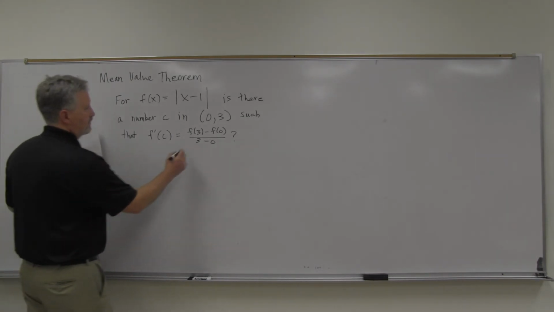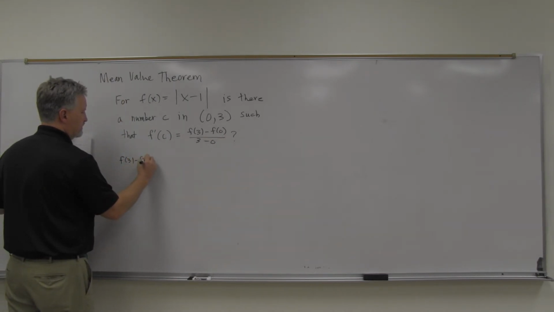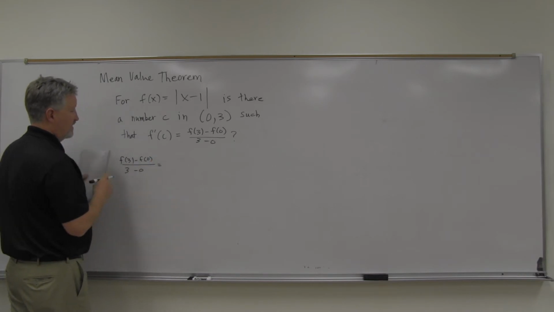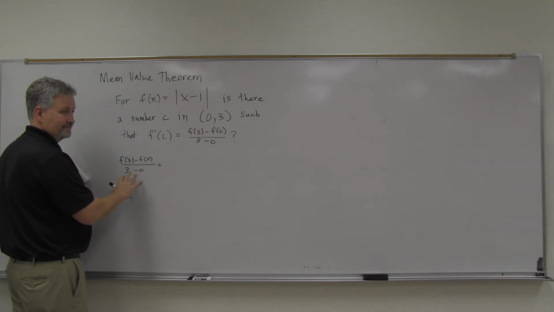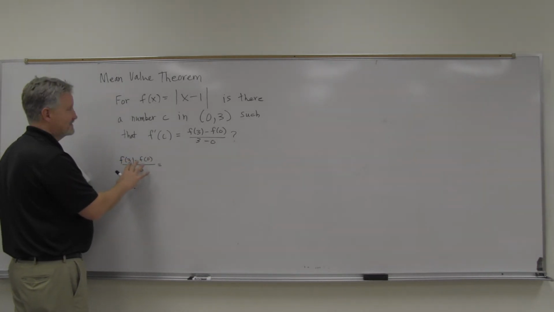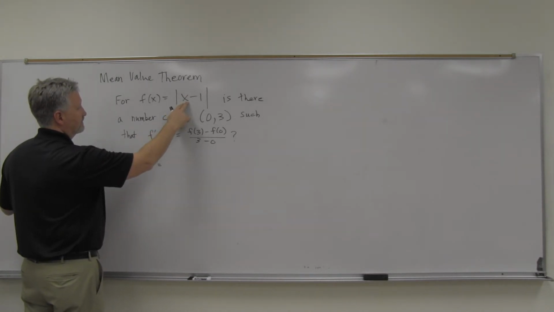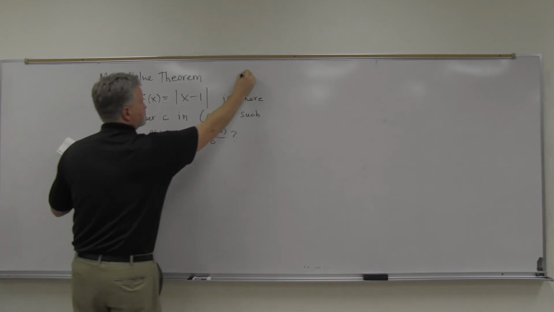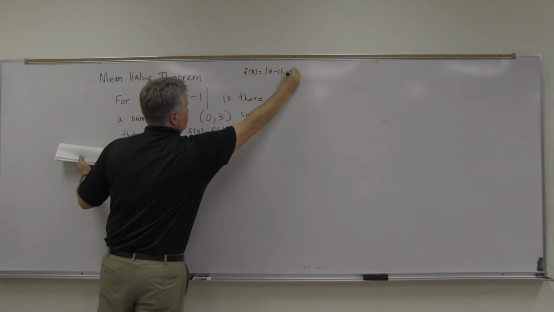All right, so what do we have here? What is f of 3 minus f of 0? I do have to get what number that is. What's f of 3? Plug in 3. 3 minus 1, absolute value, so that's 2.